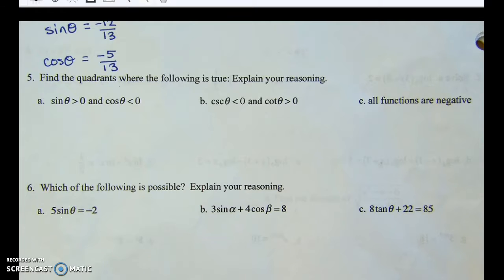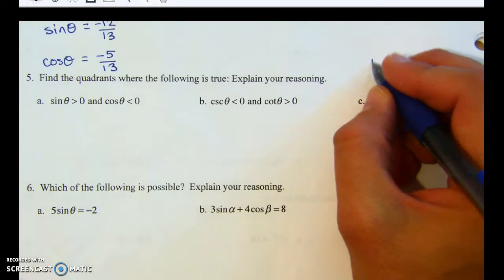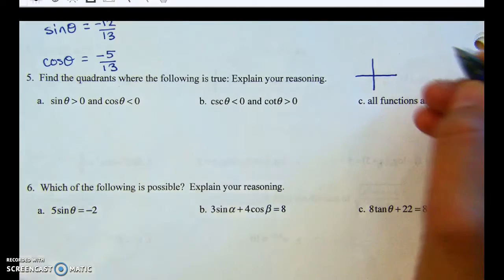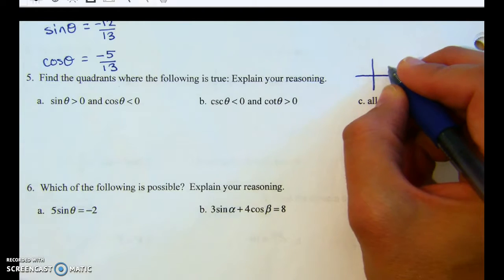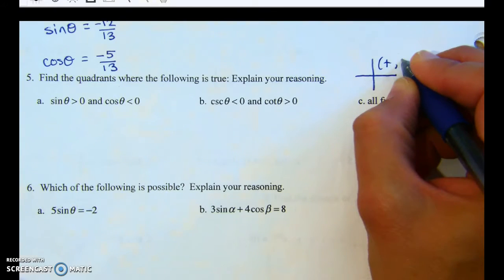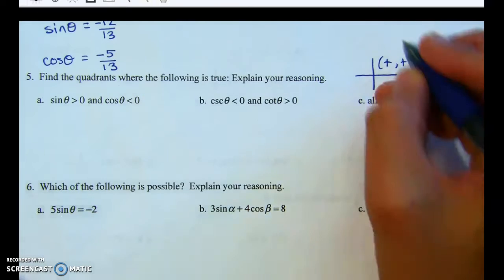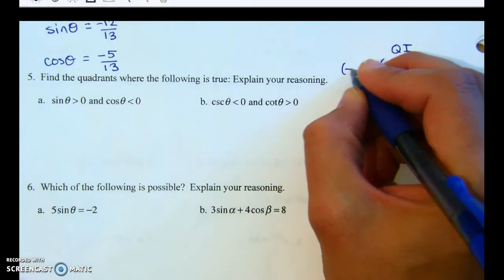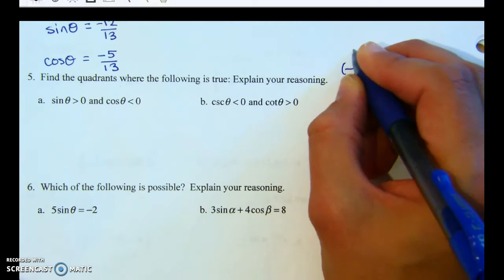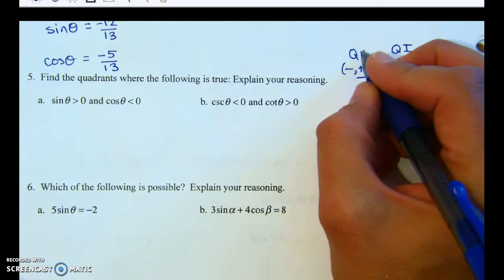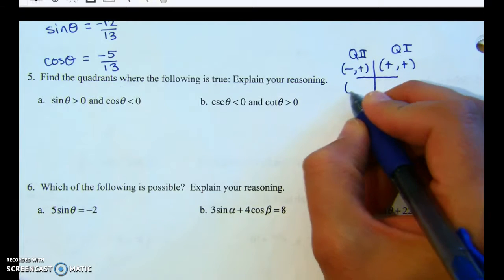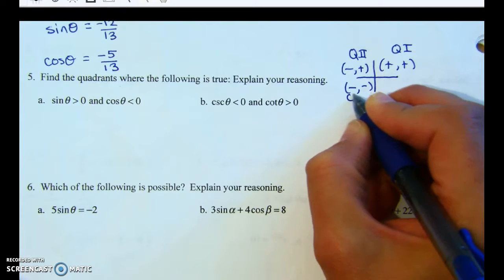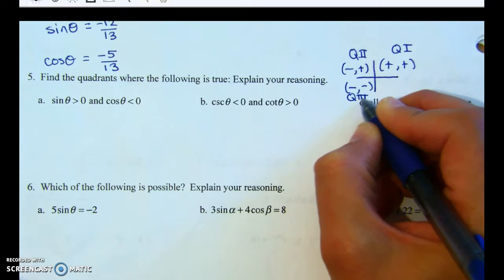So when we're talking about trig on the unit circle, here we have positive, positive in quadrant 1. So let's make a little chart, Q1. Here the x is negative, but the y is positive in quadrant 2. Quadrant 3, they're both negative, right?